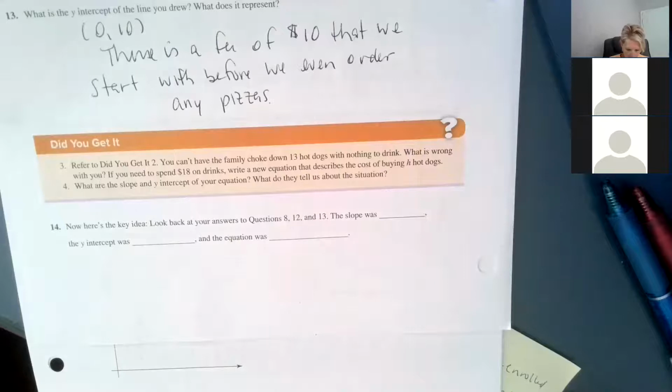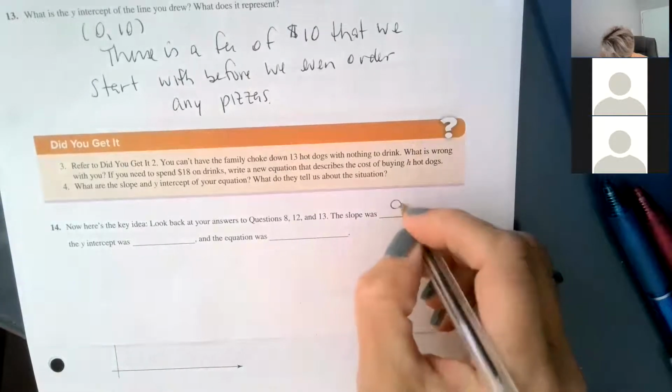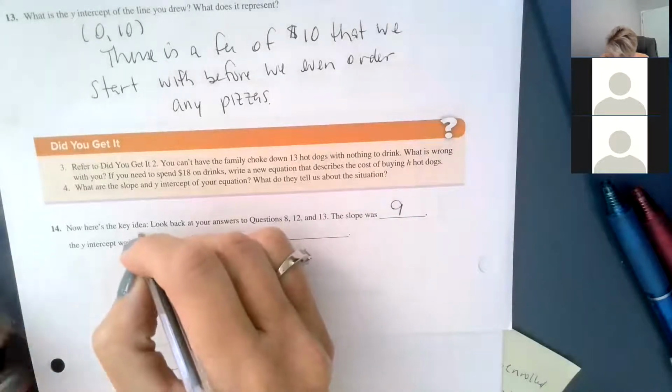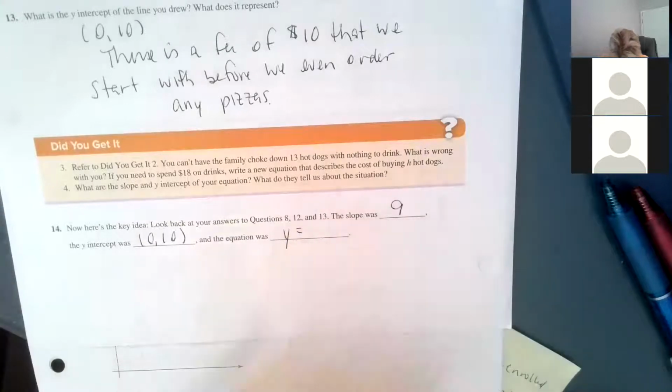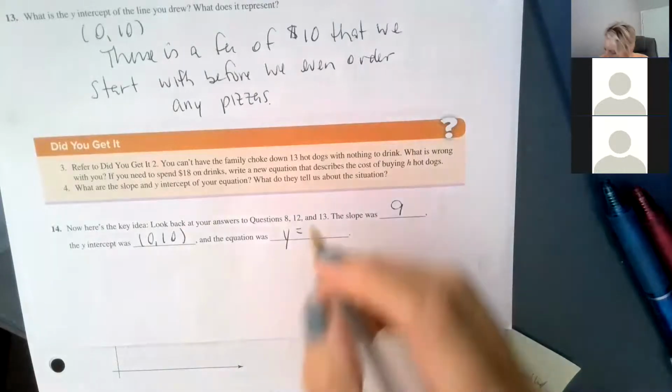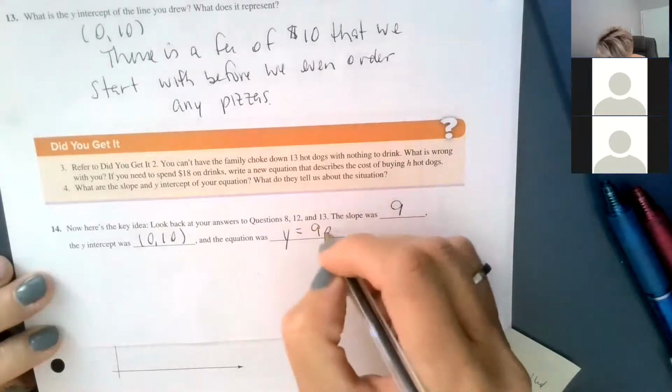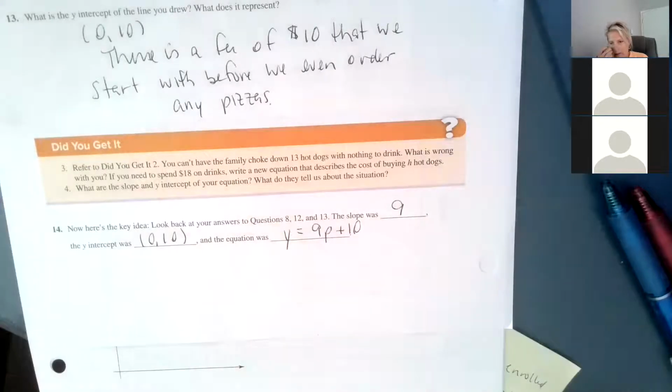So the slope is 9. The y-intercept is (0, 10). And the equation is C equals 9p plus 10. Excellent.